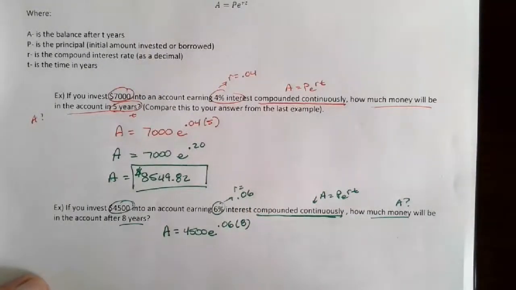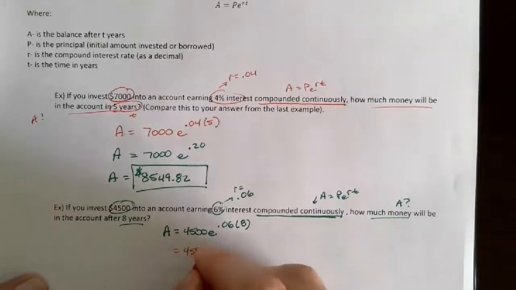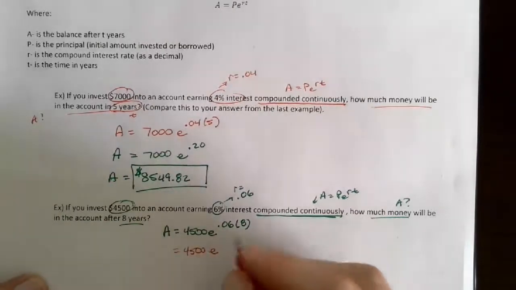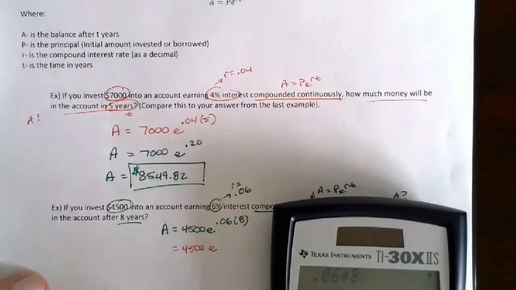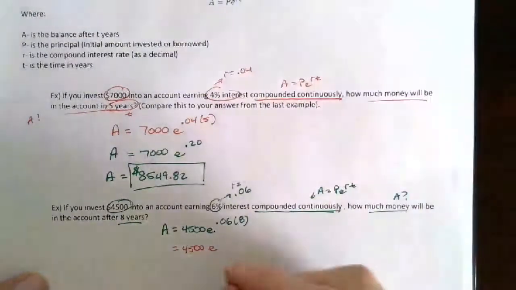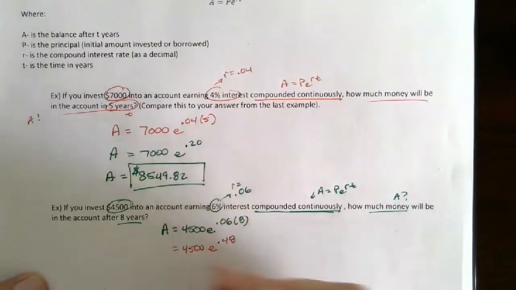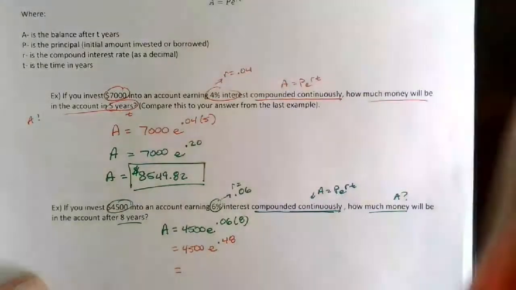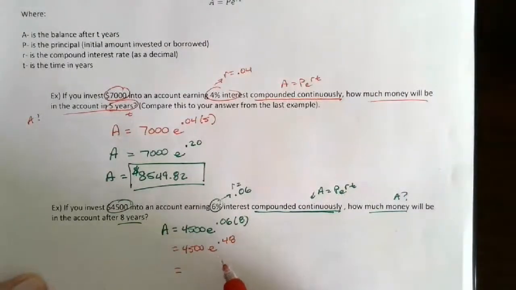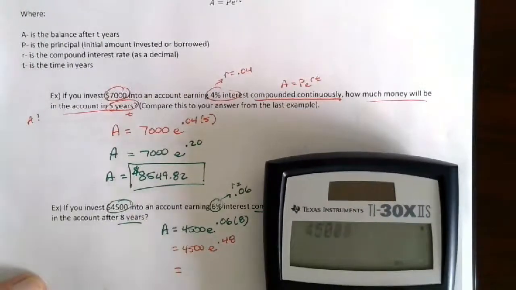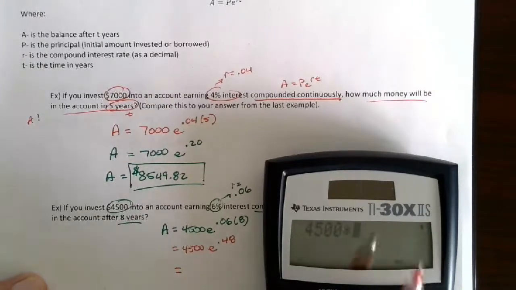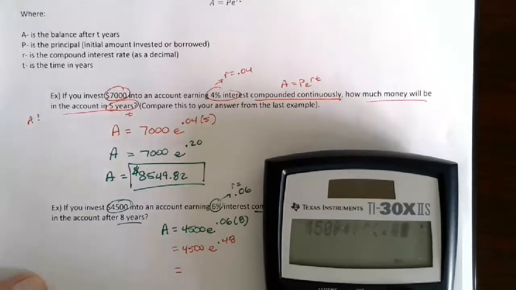And then we just want to evaluate this. So we end up with 4,500 e to the 0.06 times 8. Make sure that you're doing that part first. So you get 0.48, so e to the 0.48 power. If your calculator displays everything on the screen, you can just multiply these together as you see it. If it doesn't, e to the power first, then multiply by 4,500. So we have 4,500 times e to the 0.48 power.